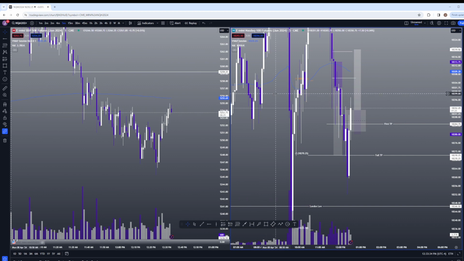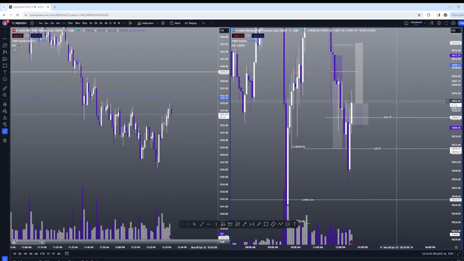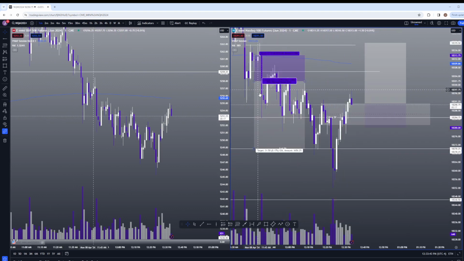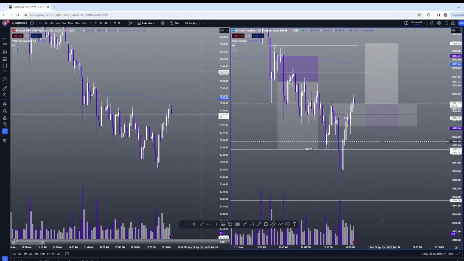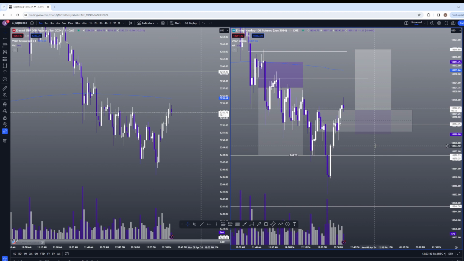That's why I don't love entering off 1 minute breakers. That's why I prefer to see our 5 and 15 minutes show me something. But using the 1 minute, you're going to be more aggressive. It's more aggressive entries, but you're risking a little bit more.